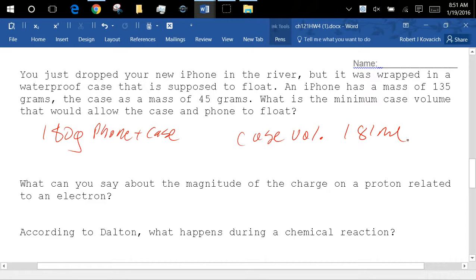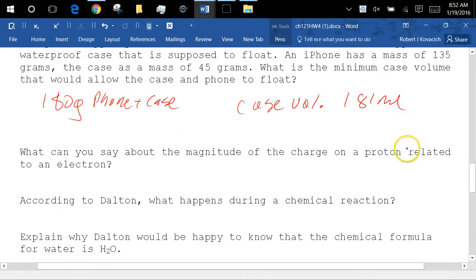If the case's volume is 181 milliliters, the volume is larger than the mass, and then this thing's gonna float. Everybody okay with that? So what happens if the case volume is like 150 milliliters? Sinks pretty fast, actually. I can attest to that. There is a perfectly good S4 iPhone somewhere on the bottom of the Columbia in an incredibly good, expensive waterproof case. Sad. Somewhere near the spit.